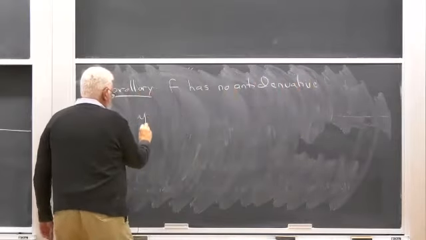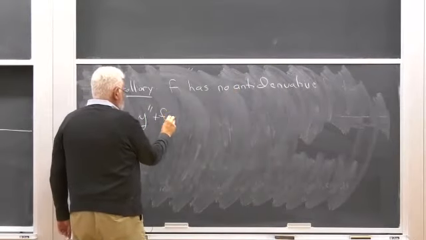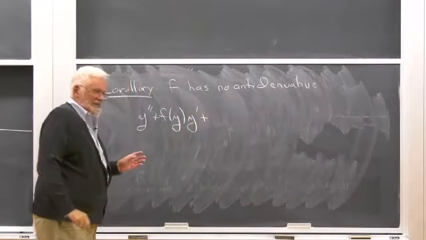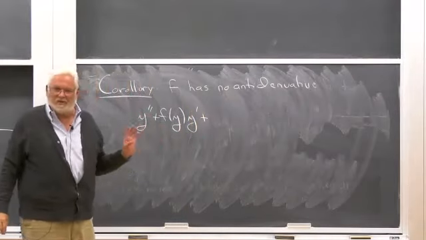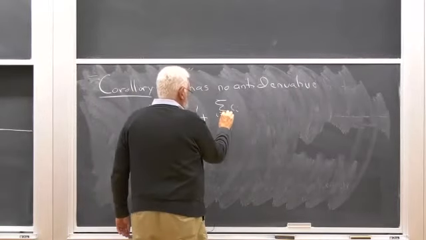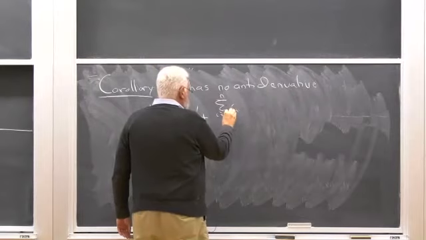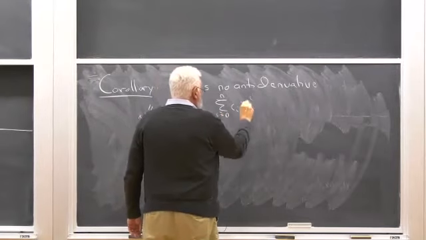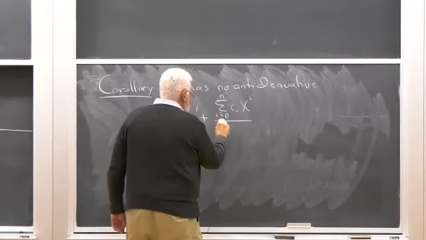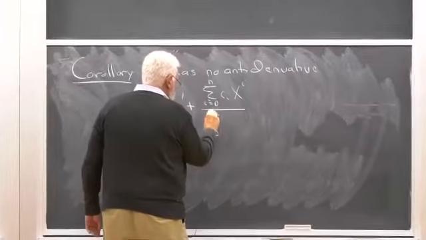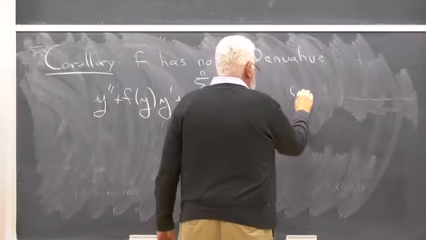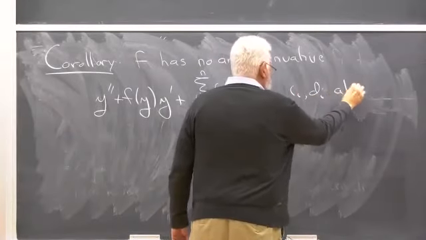Now I want to look at this equation, y double prime plus f of y prime plus, and now I'm just going to write down a generic rational function: the sum from 0 to n of c_i x to the i, over the sum from 0 to m of d_i x to the i, where the c_i, d_i are algebraically independent constants.